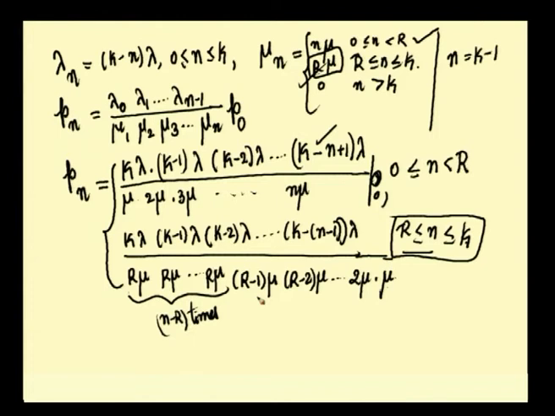So, we have Pn now written as, in the numerator we had k lambda, k minus 1 lambda and so on, k minus n plus 1 into lambda, divided by 1 into mu, 2 into mu and so on, n into mu.